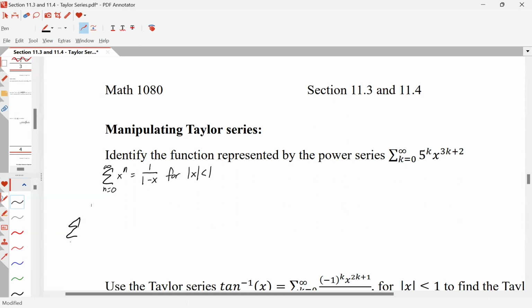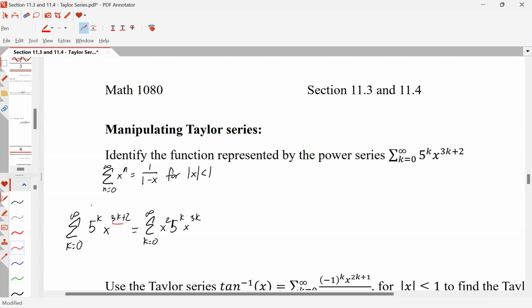So taking the series k equals 0 to infinity, 5^k x^(3k+2), I want to rewrite it so it starts looking like this x^n. So I am first going to separate out those exponents to have x^2 times 5^k x^(3k).